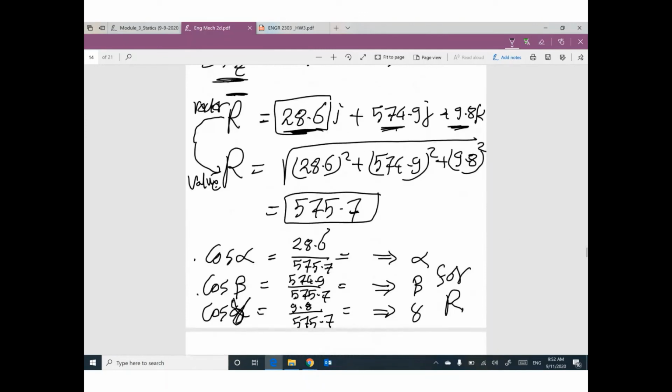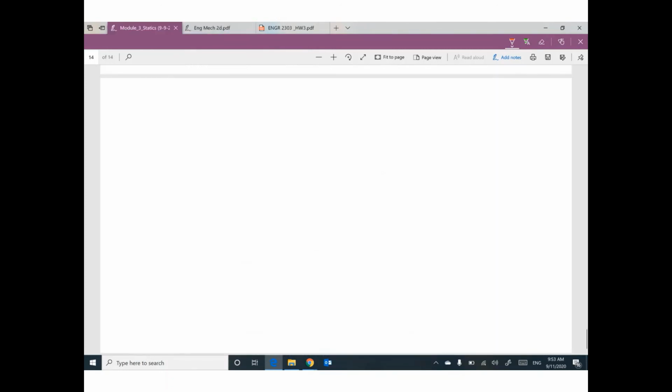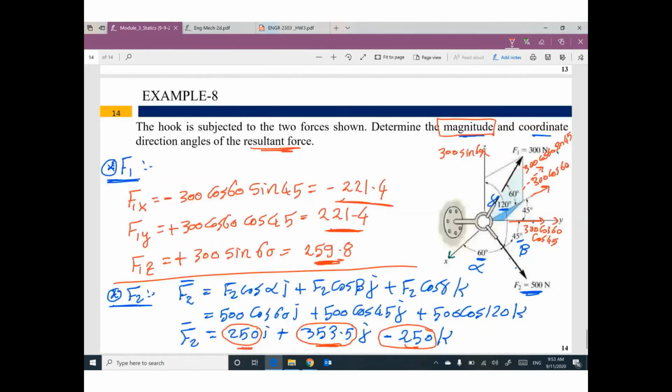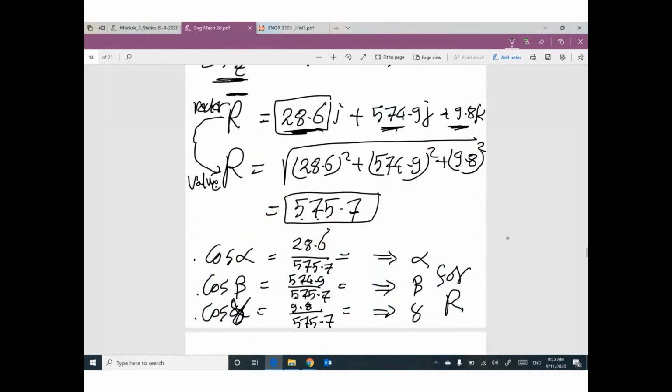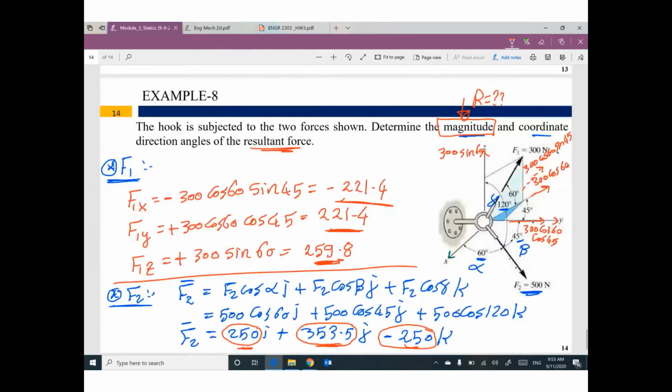So your final answer: we are looking for the magnitude, the value of R, which is 575.7, and the coordinate direction angles, alpha, beta, gamma, for this resultant force.